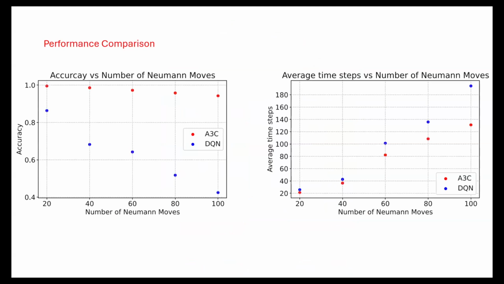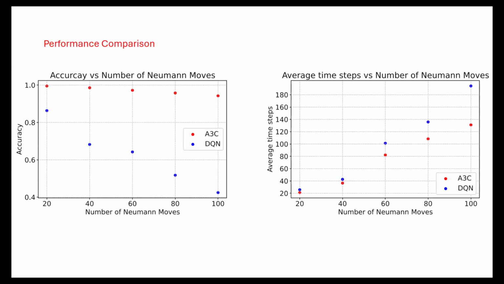So here is the performance comparison of the A3C network with the deep Q network, which is one of the fundamental deep RL algorithms. The left figure shows the accuracy of the two RL agents. As you can see, A3C outperforms DQN.